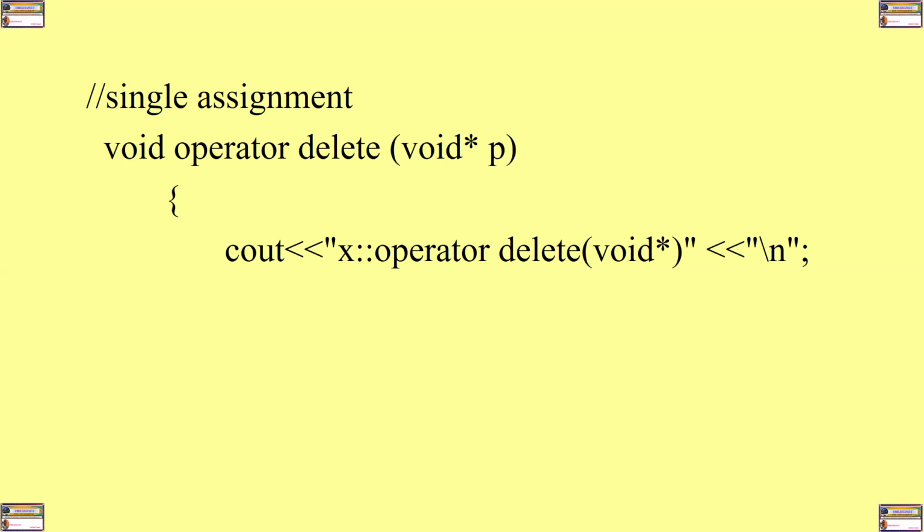So this is simply a statement which is expected to tell the user what value is going to be displayed. So the function called delete, whose scope is X, that is receiving a value of type void, is, of course, at the end of the day, expected to set some memory free.